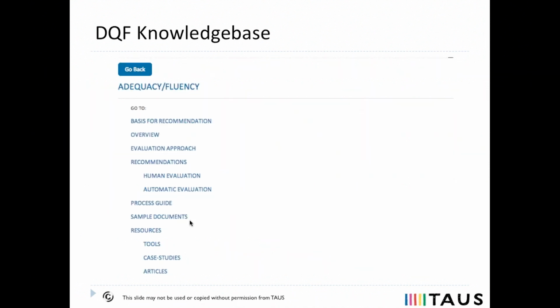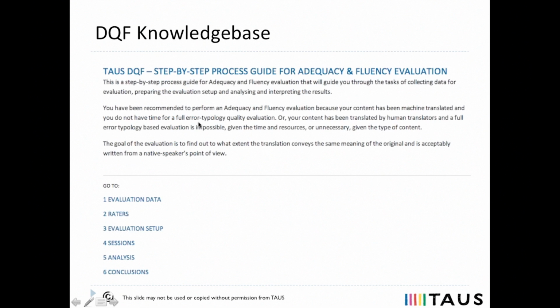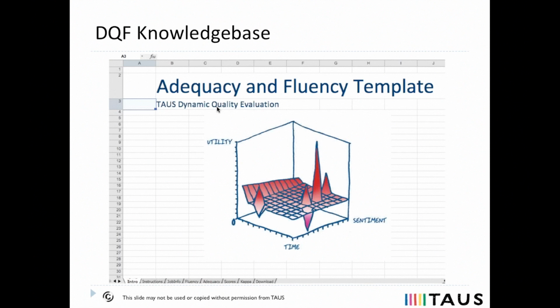So each article that you might then click through into follows the same structure, starting at the top with a high-level description of why you would use such an approach, and drilling down into ever greater levels of detail. So a description of a different approach, the conditions for success, clicking through into step-by-step process guides, very operational stuff, ability to download reference templates, which have been put together through consultation with Taos members.